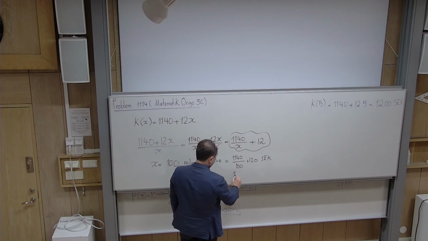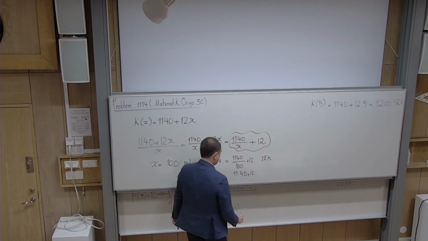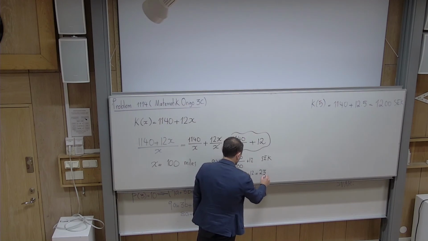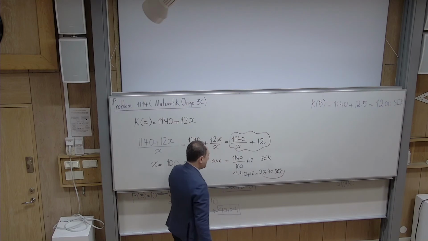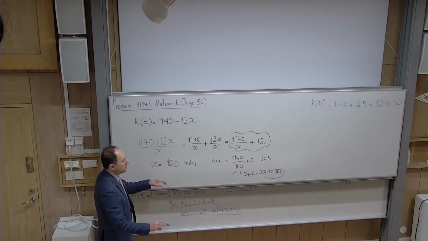It is 11.40 plus 12. What is the answer? 23.40 crowns. So if I drive 100 miles, the price that I pay for every mile on average is this money.